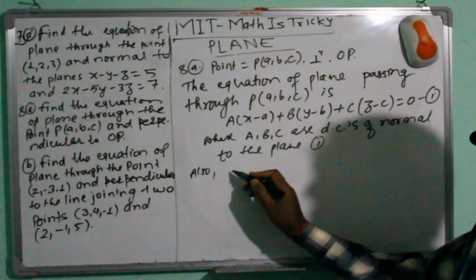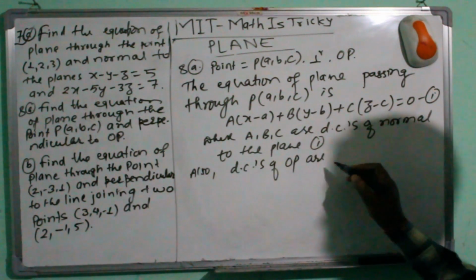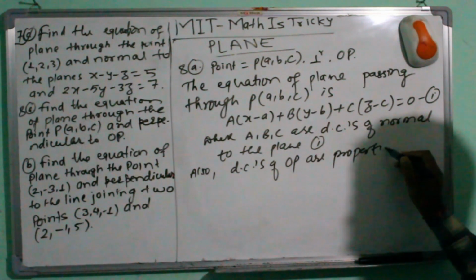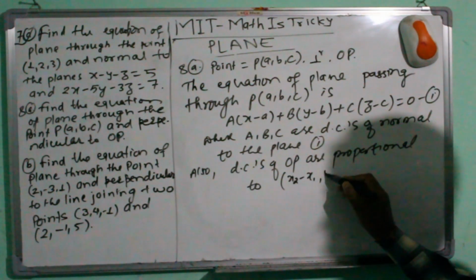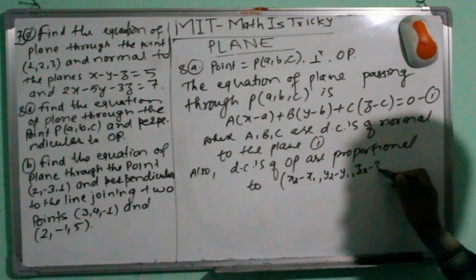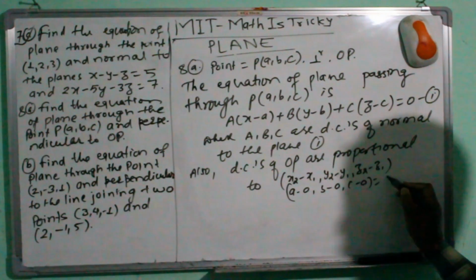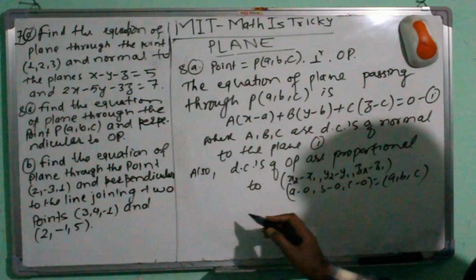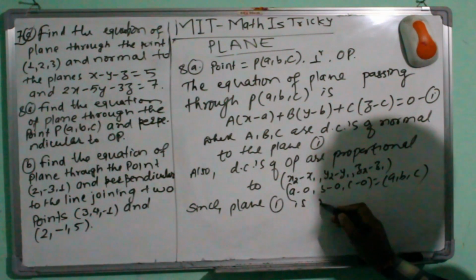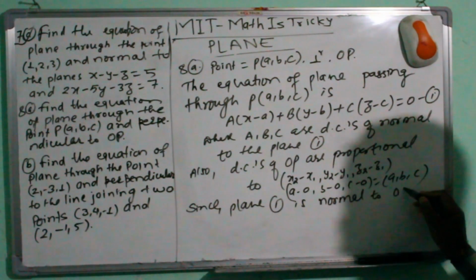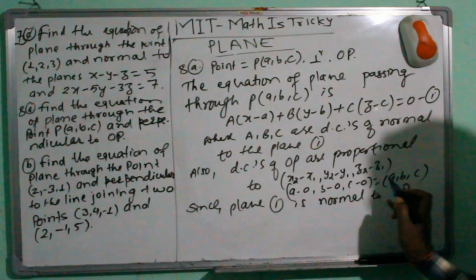Also, the DCs of OP are proportional to x2 minus x1, y2 minus y1, z2 minus z1, that gives A minus 0, B minus 0, C minus 0, which gives A, B, C. Since plane 1 is normal or perpendicular to OP, we must have this 2.